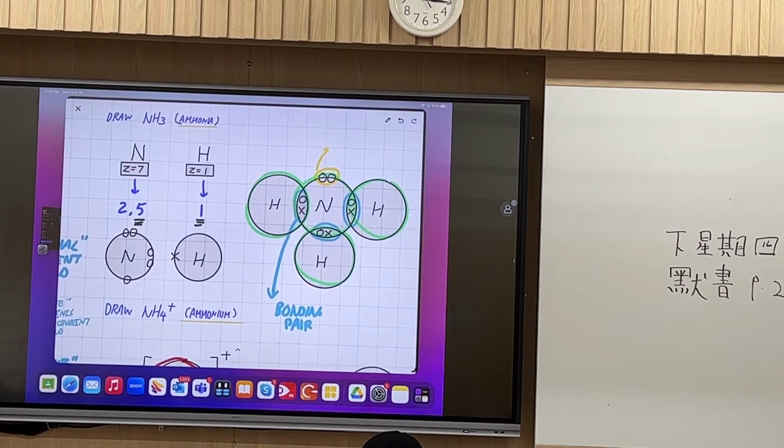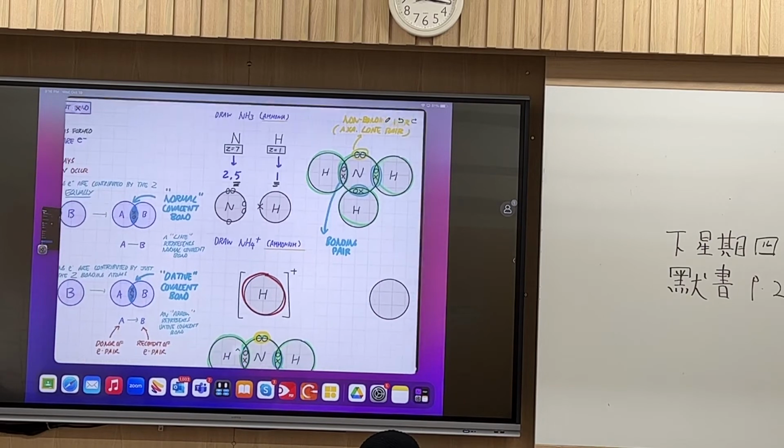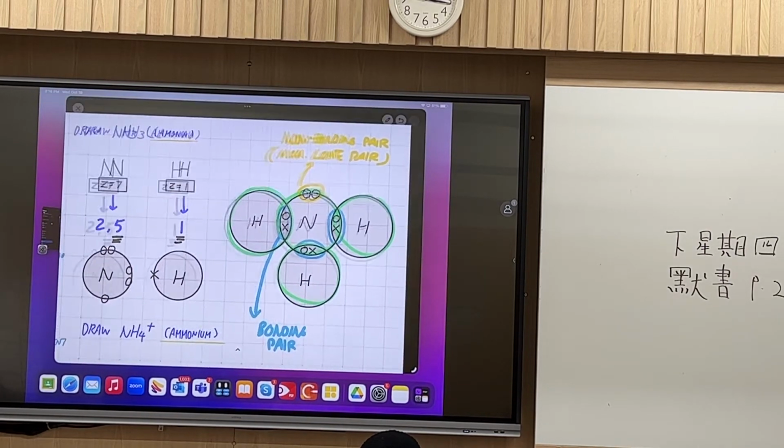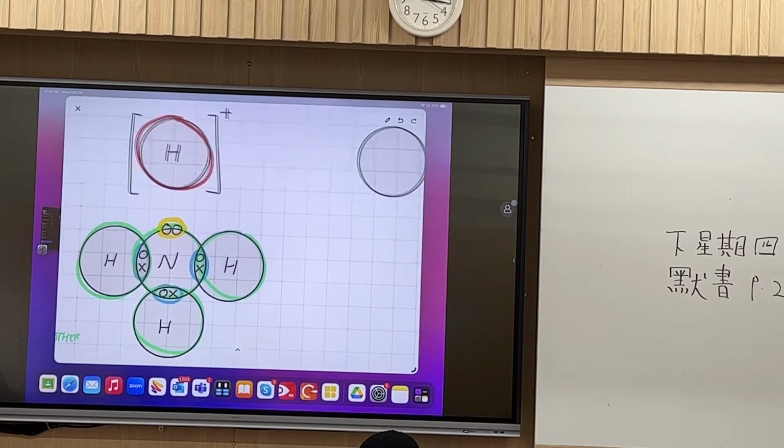We call these non-bonding pairs, also known as lone pairs. These are not used in bonding, but that doesn't mean they cannot be donated by nitrogen to hydrogen. So put down this label first.